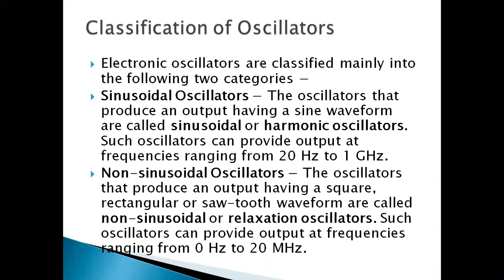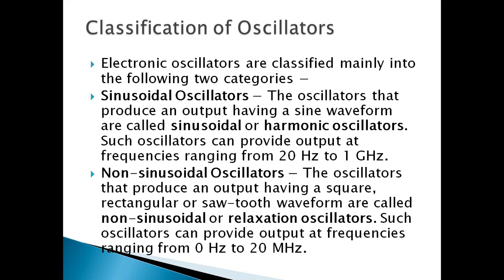The oscillators that produce an output waveform having a sine waveform are called sinusoidal or harmonic oscillators. They provide the output in the frequency range of 20 Hz to 1 GHz.